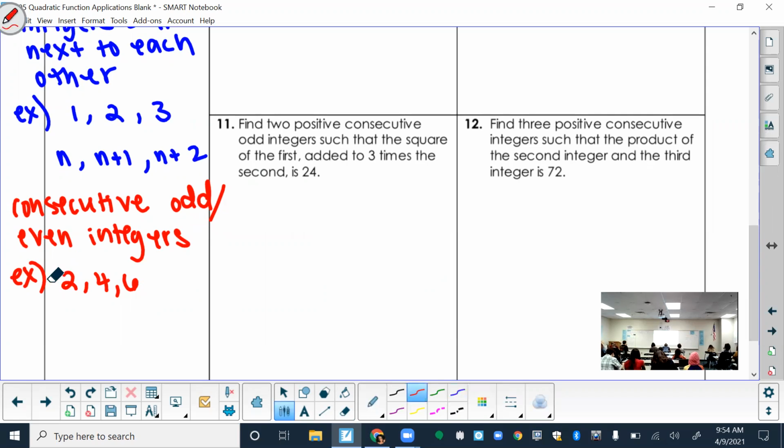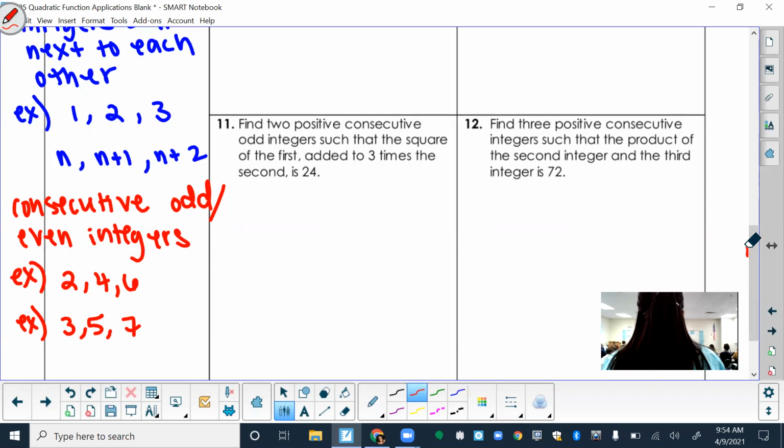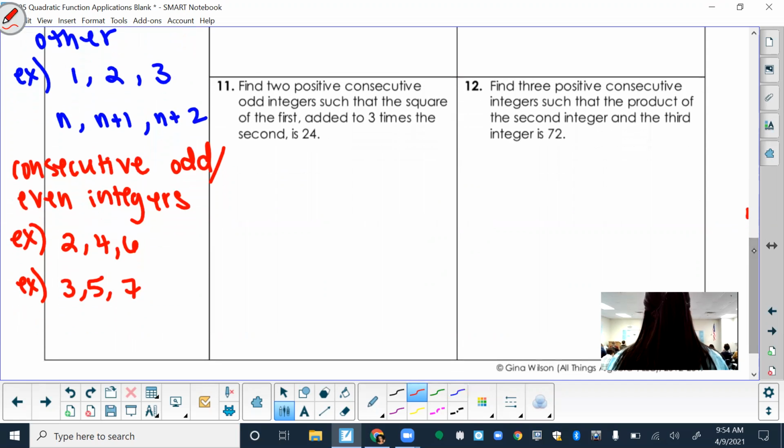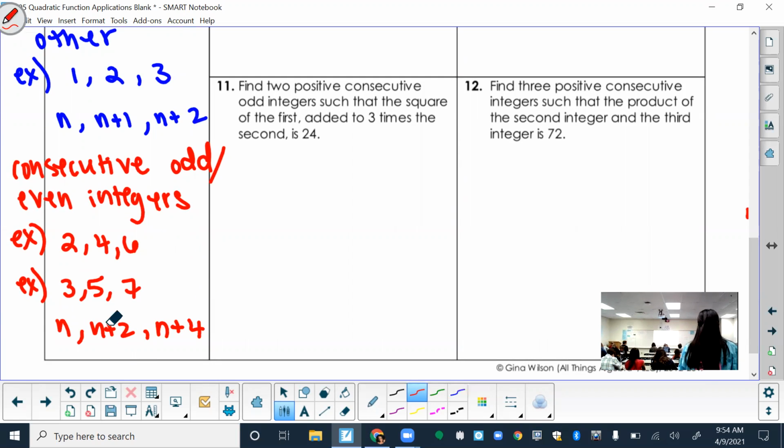And then also we have 3, 5, and 7. So the formula for those, if my first number is n, then the second number would be n plus 2, and the third number would be n plus 4, because they're going up by 2 each time now.